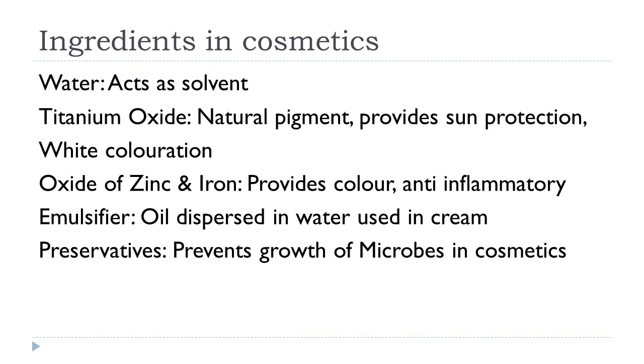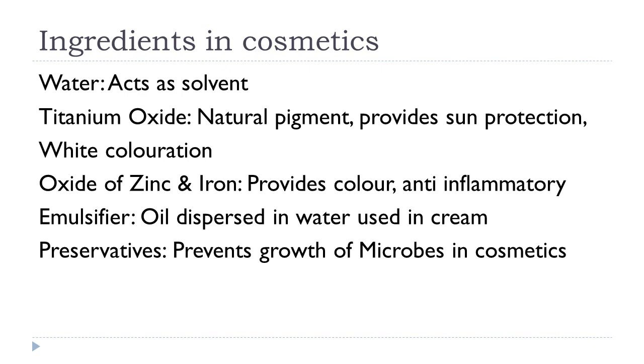Let's see what are the ingredients used in cosmetics. First one, water. Water acts as a solvent. Second one, titanium dioxide or titanium oxide. It is a natural pigment powder. It provides a base for mineral makeup, and also it provides mild sun protection, and also it gives white coloration.